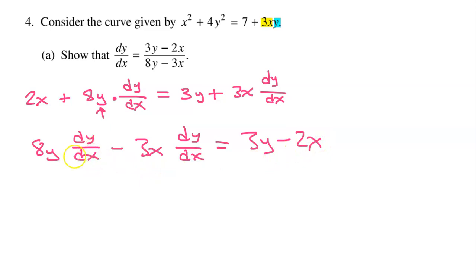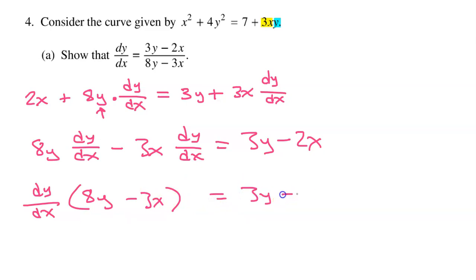The point of having all the dy/dx terms on one side of the equation is so you can factor it out as a GCF. So I'm going to bring dy/dx out front of parentheses, and that will leave 8y minus 3x on the inside. So equals 3y minus 2x.